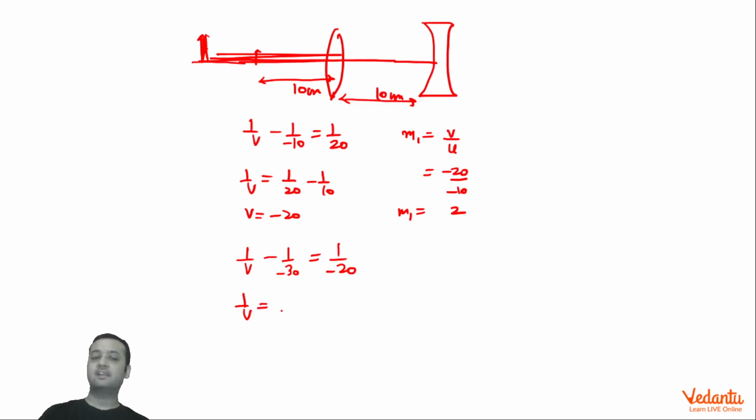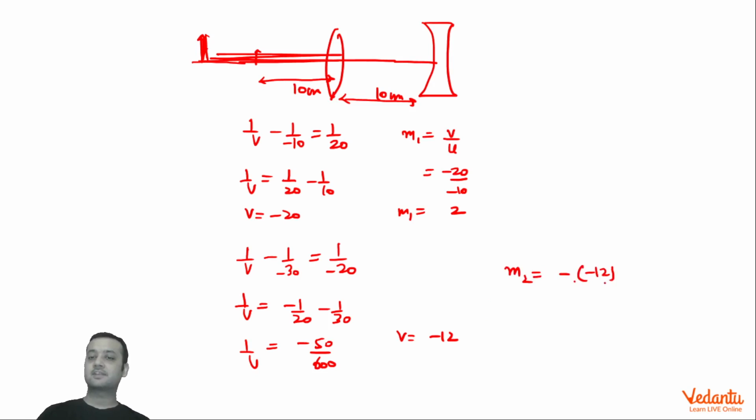Now let's calculate v. This is minus 1 by 20 minus 1 by 30, which is minus 50 upon 600. That means v is -12. Then m2 is v by u, which is -12 upon -30, so this becomes 0.4.